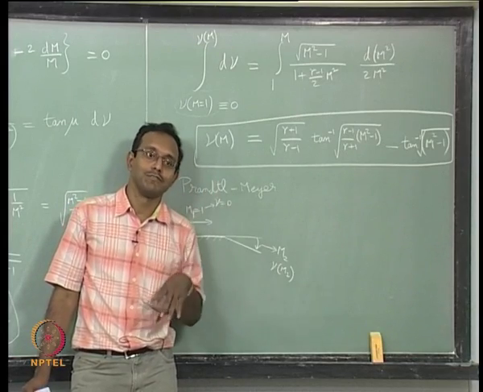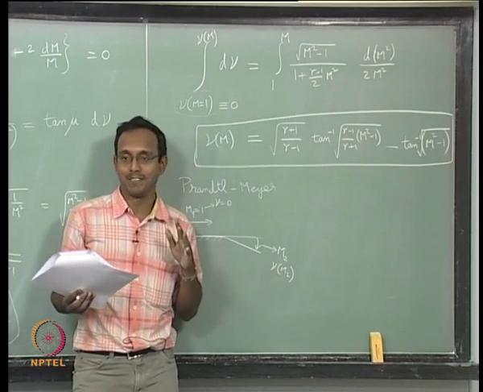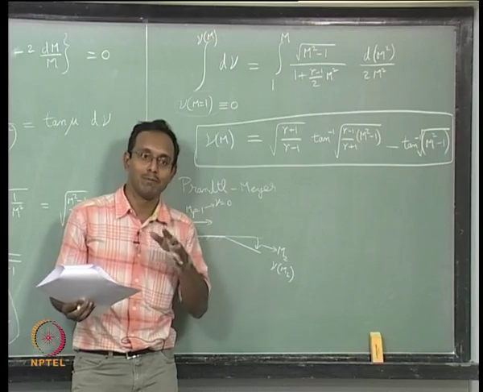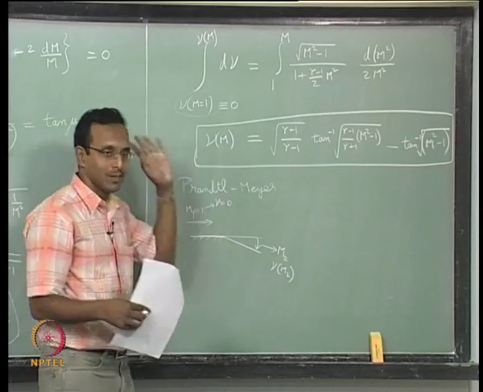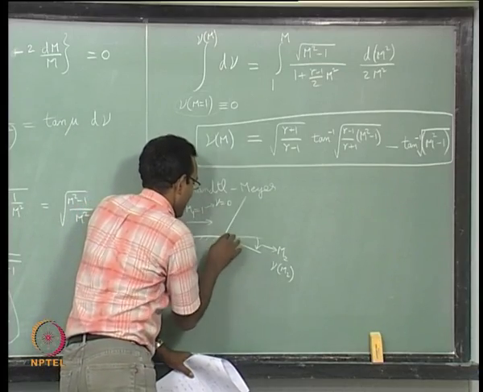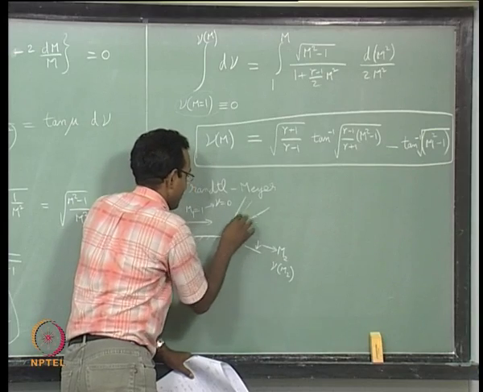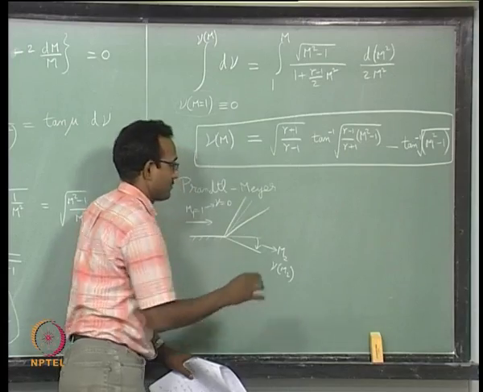We said the expansion fan contains a lot of waves. We typically represent it by first wave and the last wave and probably a middle wave. That is all we do. But it is actually a whole bunch of waves inside, infinite number of waves. This is your fan, expansion fan.